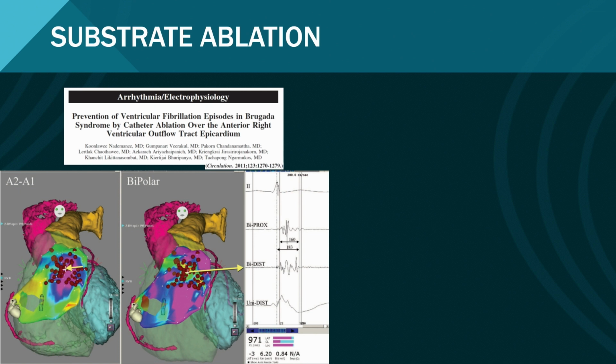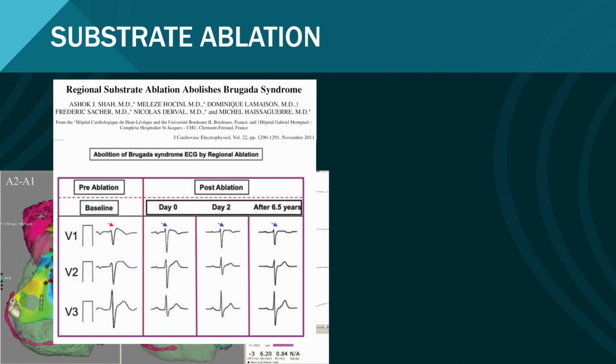Anyway, you could describe the ablation of these abnormal potentials that I may call LAVA, because not all of them are late, but they are definitely poorly coupled with the rest of the myocardium.